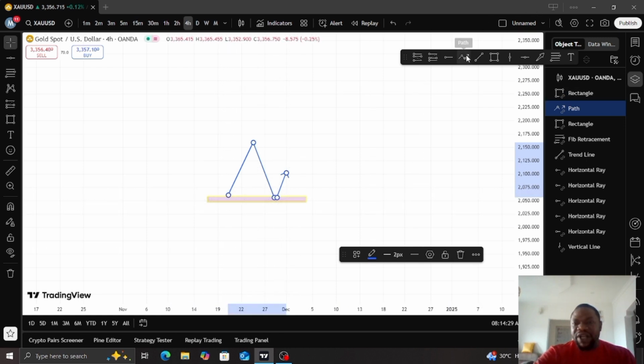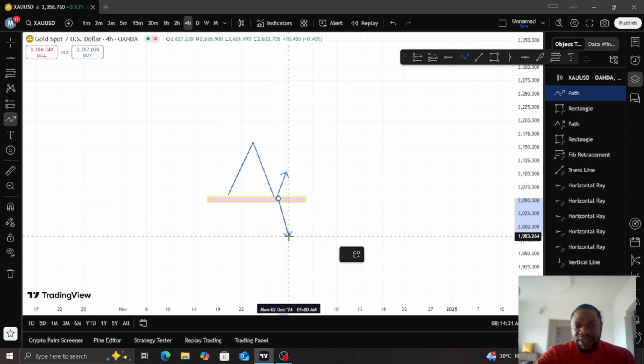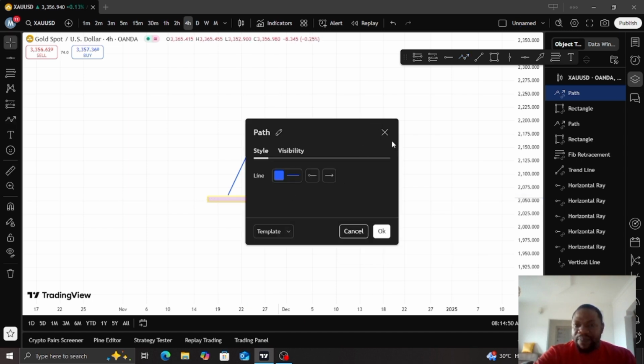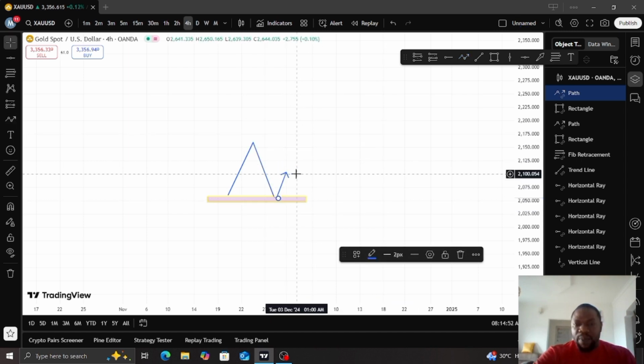If price had broken down from this point, it would mean it has broken this level, which was initially the support level. But in this case, price failed to break past this level, so we call this place a support level.